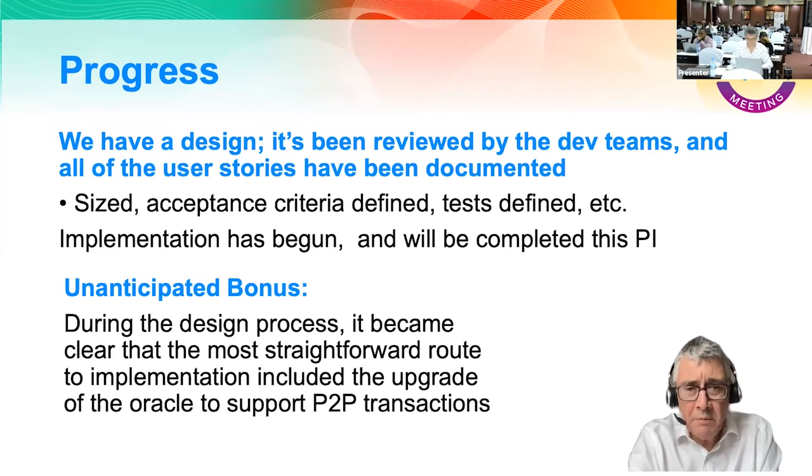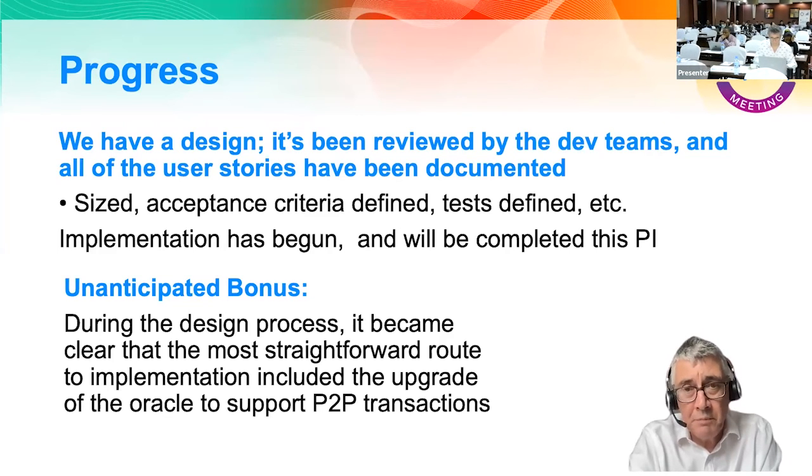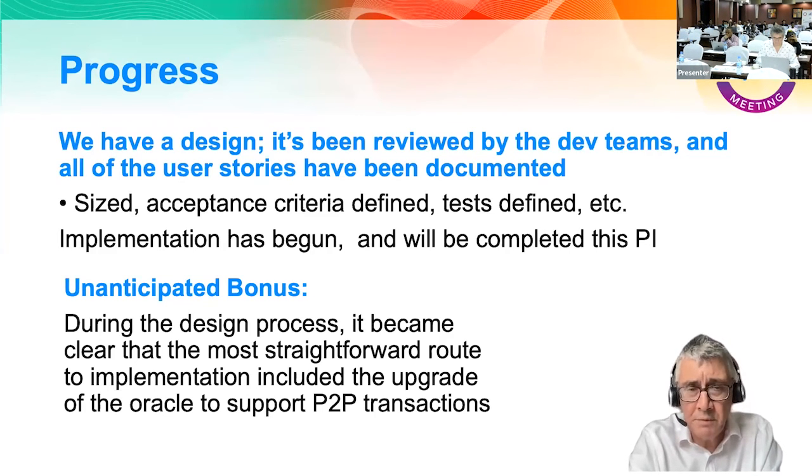And it became clear that the most straightforward route to implementation included, as a byproduct, the upgrade of the Oracle to support P2P transactions. So buy one bulk disbursement, get P2P for free, which is good news for all of us and for WinePay in particular. Of course, we're not planning to actually go live with P2P yet, but the good news is it's there and ready for when we want it.